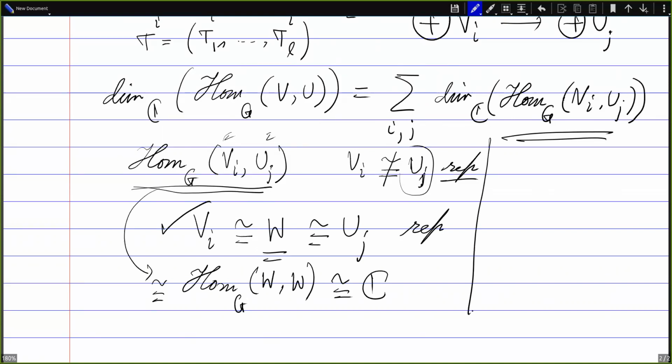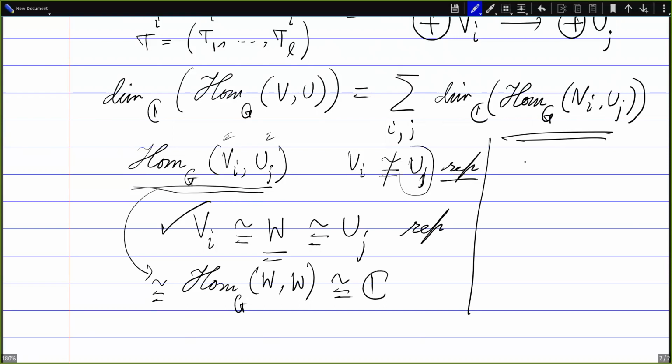So now we see what happens to this fellow. Here each summand has either dimension 0 or dimension 1. So when is the dimension 1? The dimension is 1 if they are isomorphic as representations.